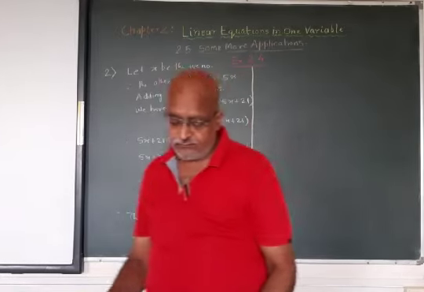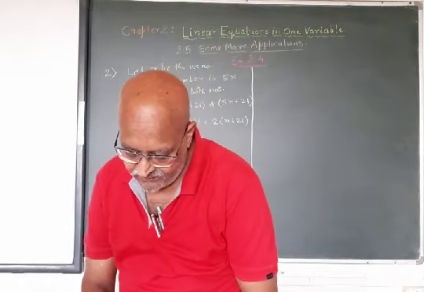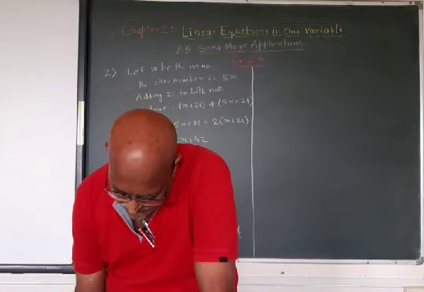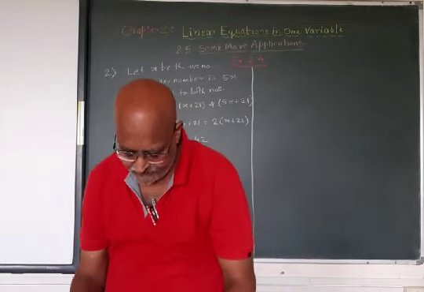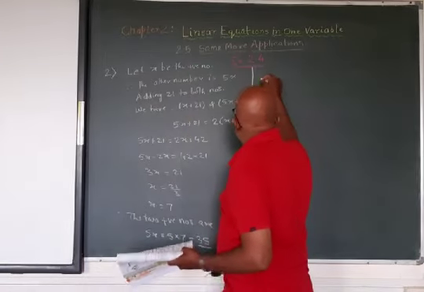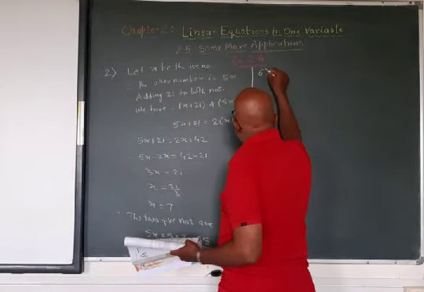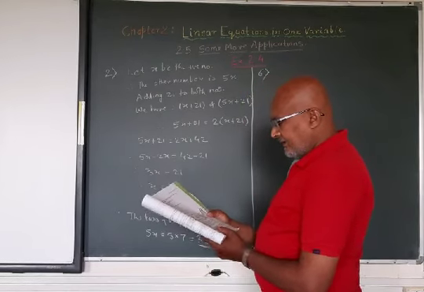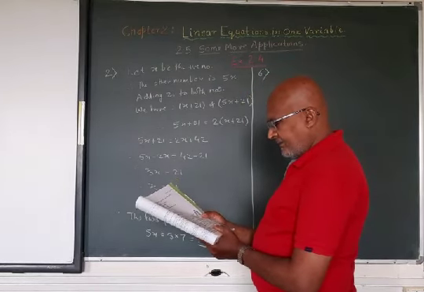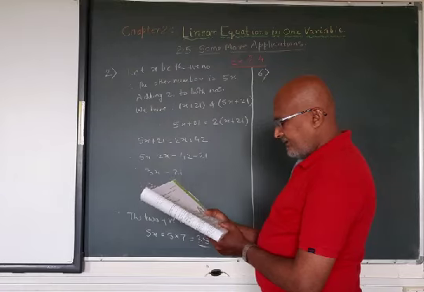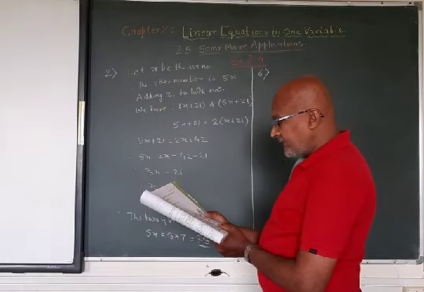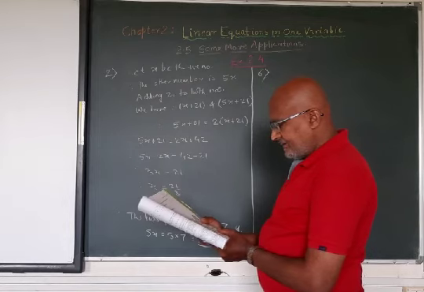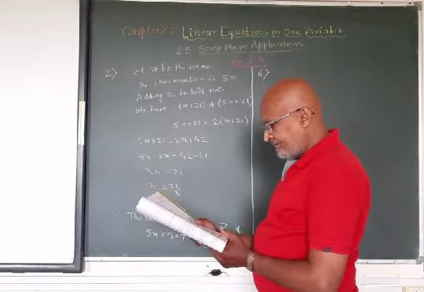Next, one more example we'll take, the sixth one. There is a narrow rectangular plot reserved for a school in Mahuli village.